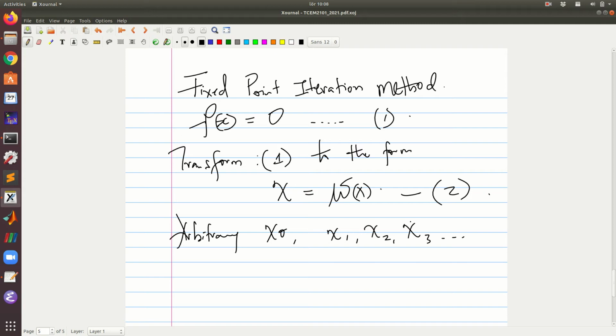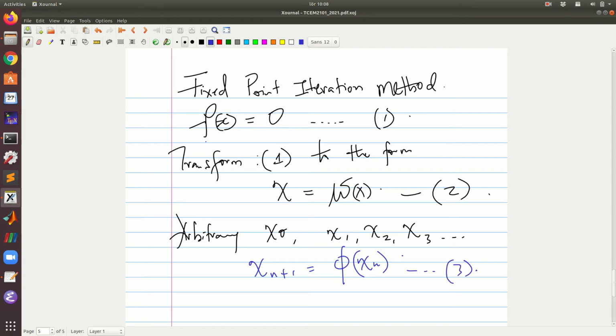We shall compute this sequence recursively from the form xn plus 1 equals phi of xn. So this is 3.